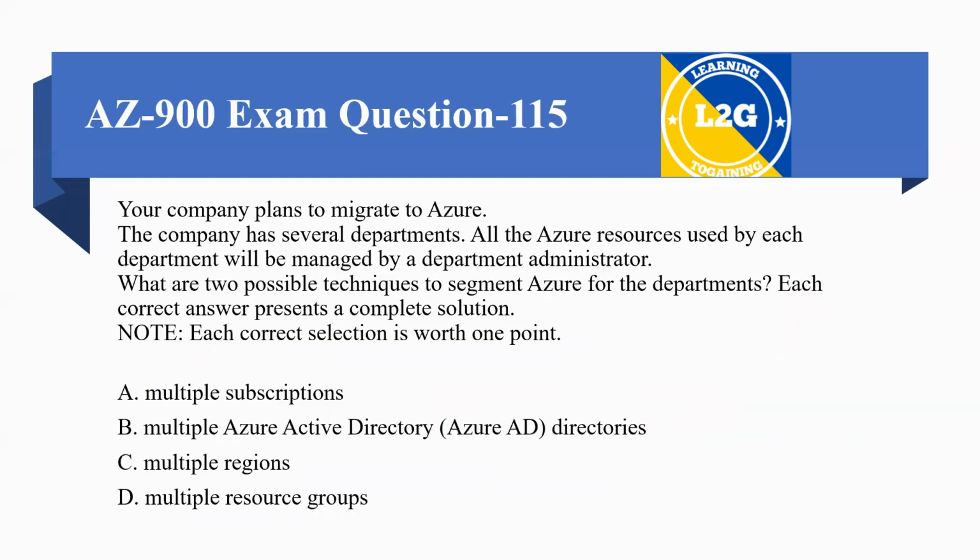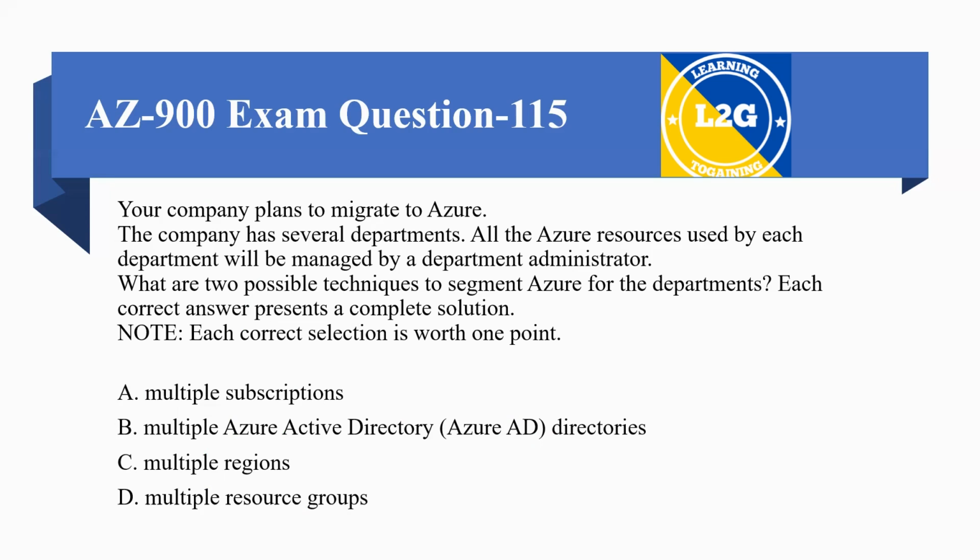Coming to the question number 115, your company plans to migrate to Azure. The company has several departments. All the Azure resources used by each department will be managed by a department administrator. What are the two possible techniques to segment Azure for the department? Each correct answer presents a complete solution.